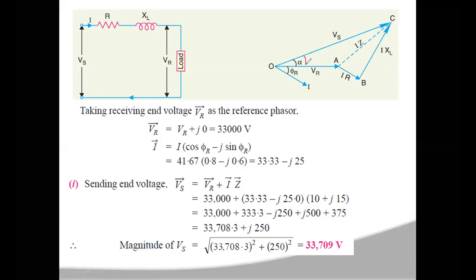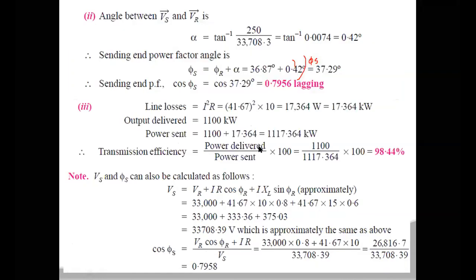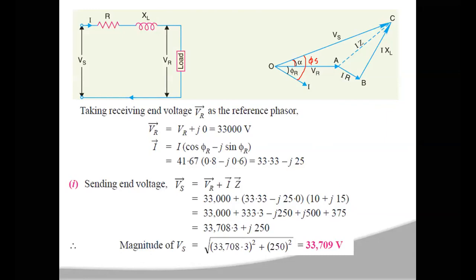The angle between Vs and I is the phi s value. Let us assume that the angle between Vs and VR is alpha. Then phi s will be phi r plus alpha, and your phi r here is 36.6. So what is the alpha value? How can you calculate the alpha value?